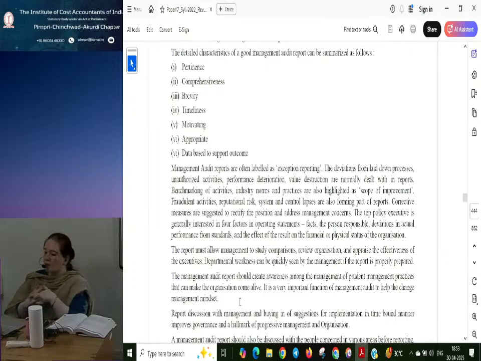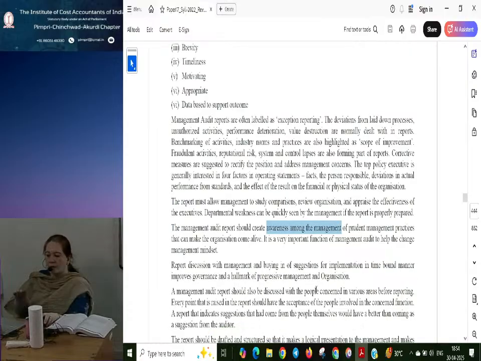So it should be helpful in that. And it should create awareness among the management of prudent management practice that can make the organization come alive. That means you are going to give really good suggestions that the management can work on.